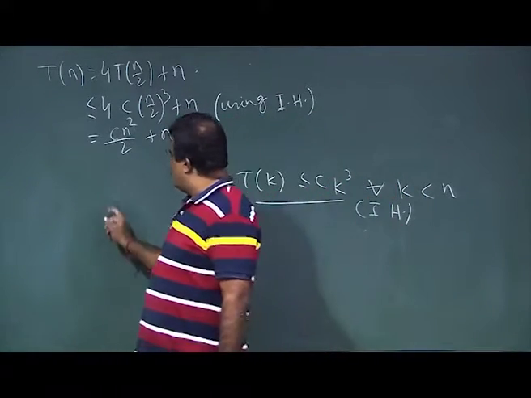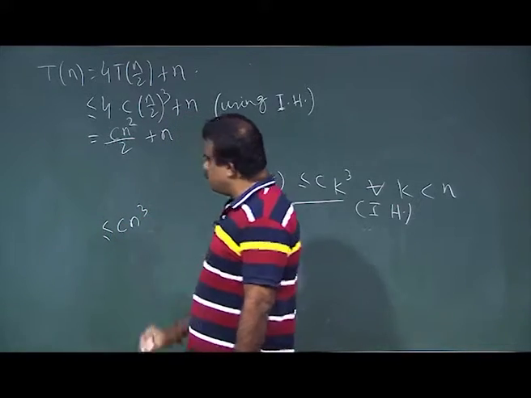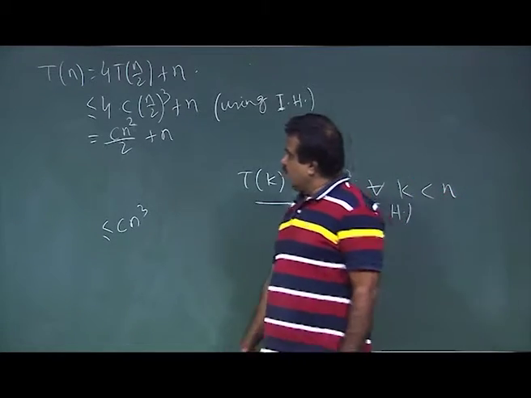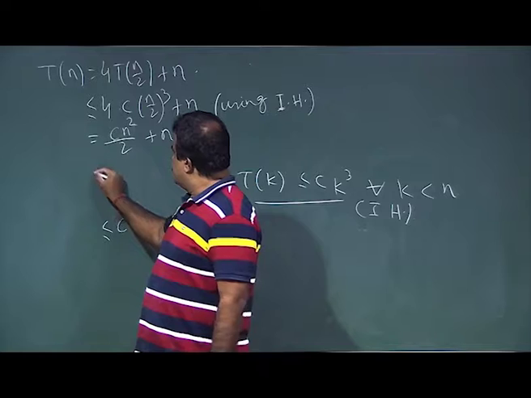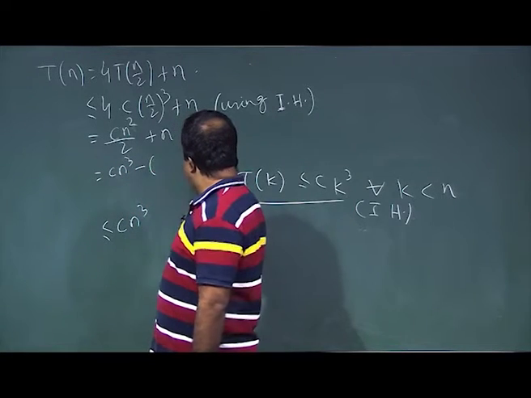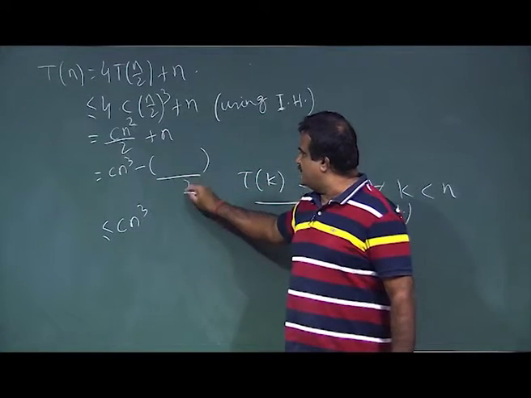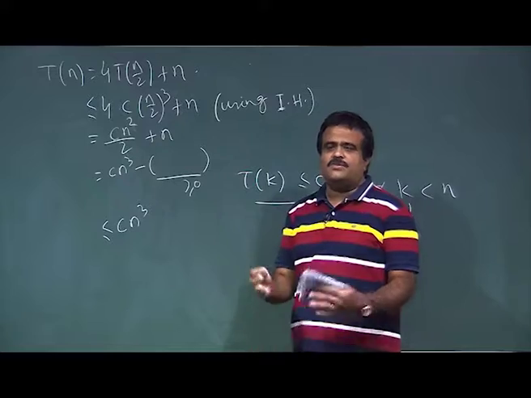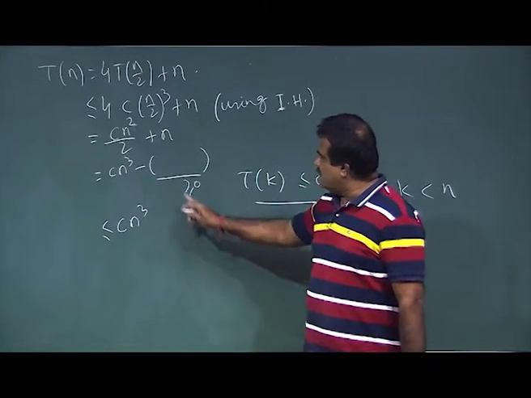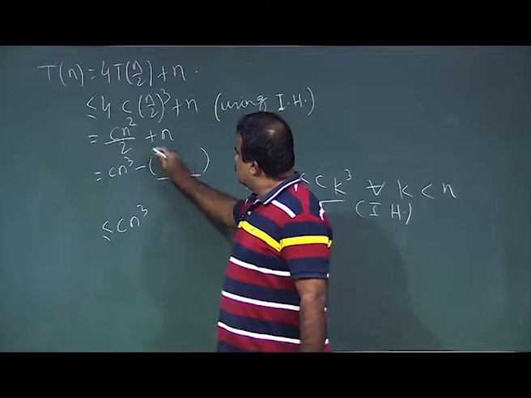Now, we want this to be less than or equal to c n cube. If we can show this, then we are done. For that we must be able to write c n cube minus something, and this quantity should be greater than 0. If it is greater than 0, then we are through, and we can say this is less than c n cube. So, let us check what this quantity is.